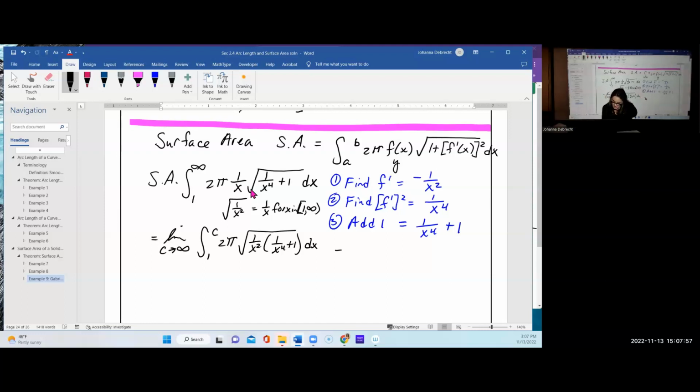So this is going to give me the limit as c goes to infinity. The 2 pi is a constant, so I'm going to pull it out of the integral. I have 1 to c. And then under the radical, I get 1 over x to the 6th plus 1 over x squared integrated with respect to dx. Now, don't take out the 1 over x squared. You just get right back to where you started.